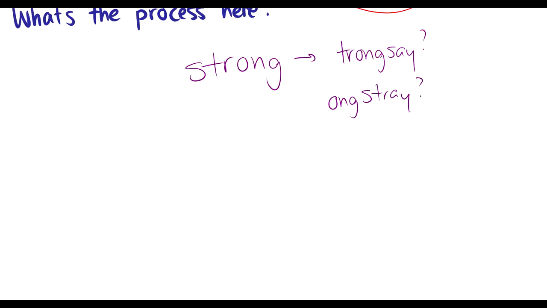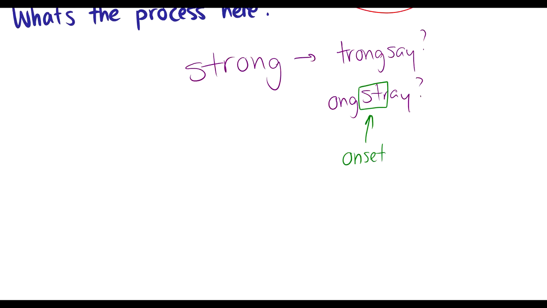The idea here is that English speakers, people who don't know the formal rule, would without a doubt say ong-stray. Now what does this mean? This means that the onset in English is real. This onset is a real part of syllable structure.